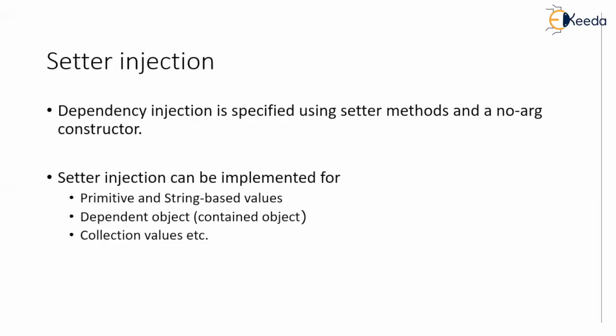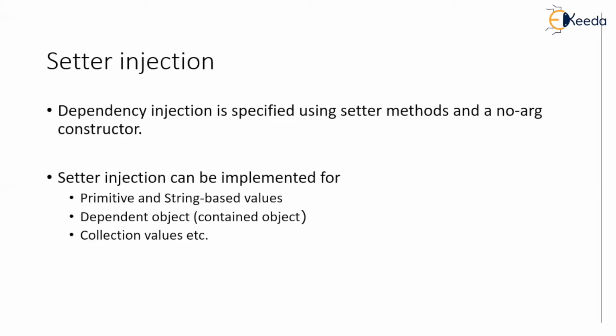Setter injection can be specified for primitives, string-based values, dependent objects, like we discussed about employee having address or company having employee, that is a dependent object, or even for collection values. How we can use setter injection for collection values, we will discuss in detail when we discuss dependency mapping using collections.